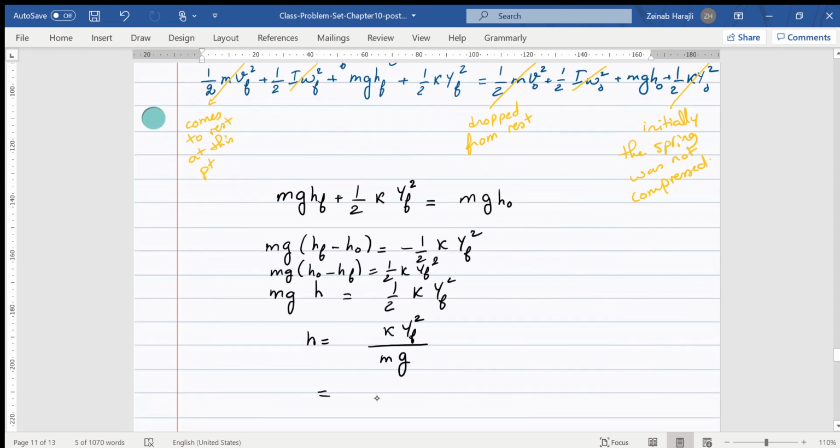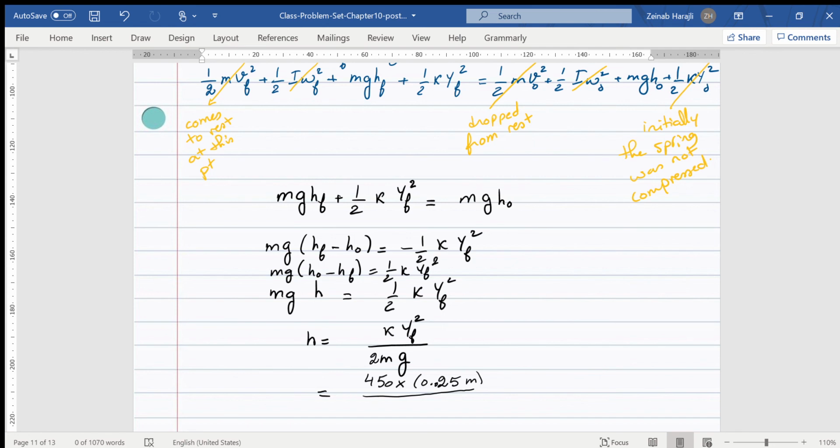We have k is 450. y final is the final compression of the spring, which we are told is 2.5 centimeters. We will write this in meters, of course. Now, if you leave this in centimeters, your height will be in centimeters as well, which is fine.